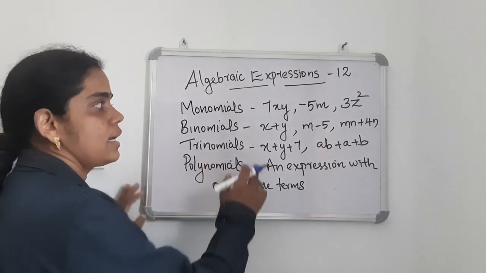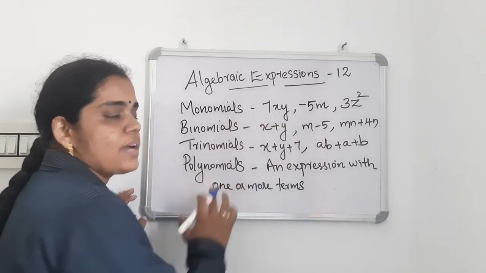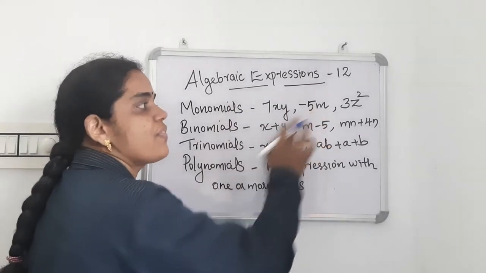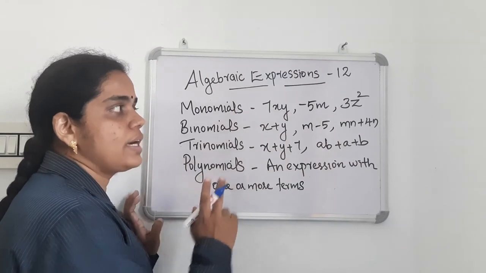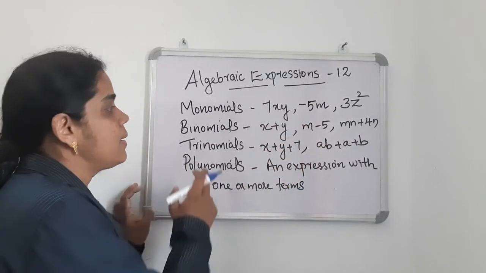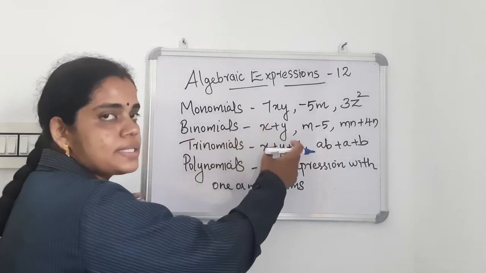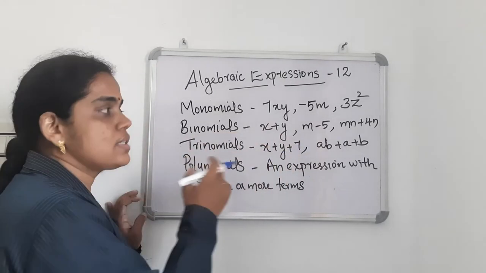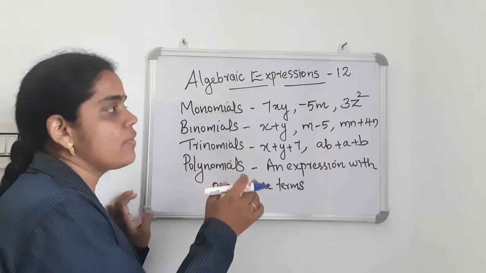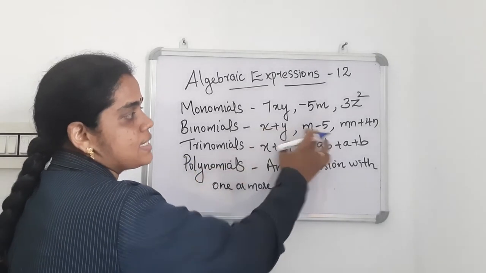Examples are given here. 7xy: there is only one term. Minus 5m is also one term. 3z square. These are the monomials. Binomial means two terms are there. We already discussed terms: plus and minus signs separate them.